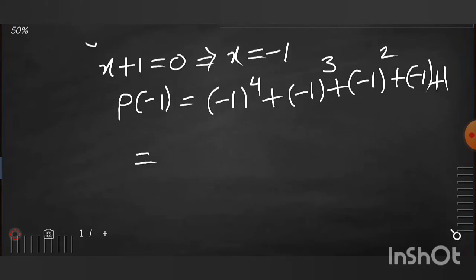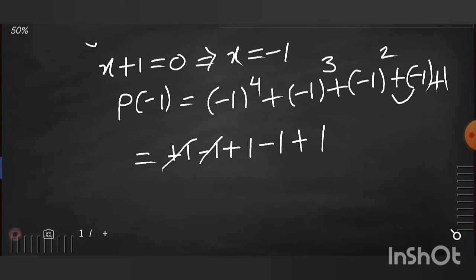This will be: minus 1 power 4 is plus 1, minus 1 power 3 is minus 1, again minus 1 square is plus 1, and plus into minus gives minus 1, plus 1. Now let us cancel it. Plus 1 and minus 1 get cancelled, plus 1 and minus 1 cancel.